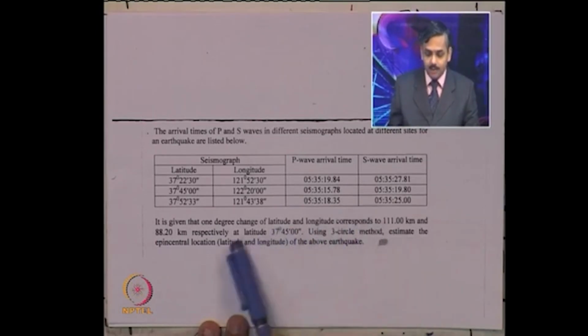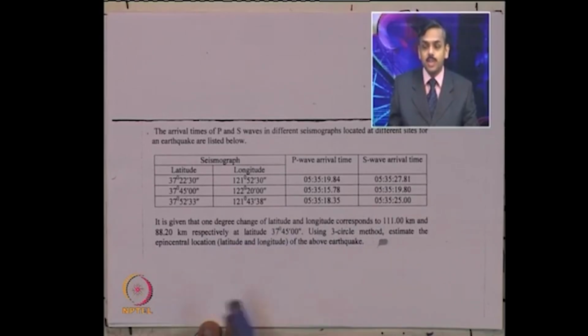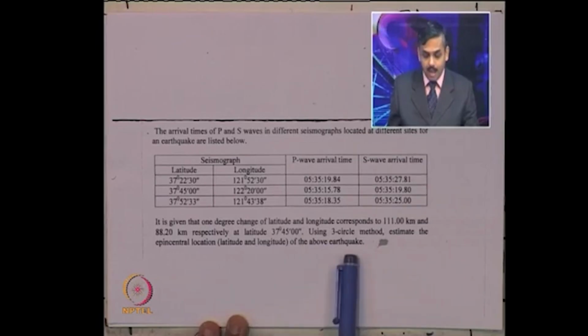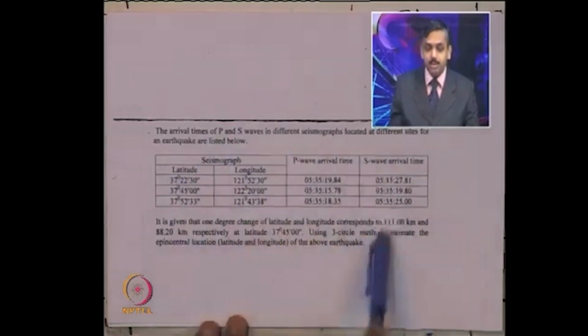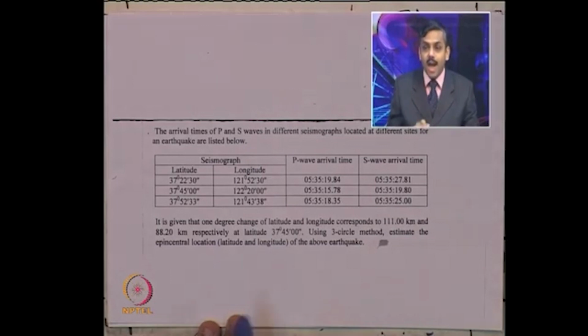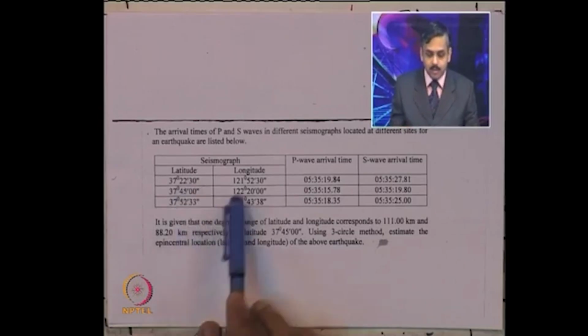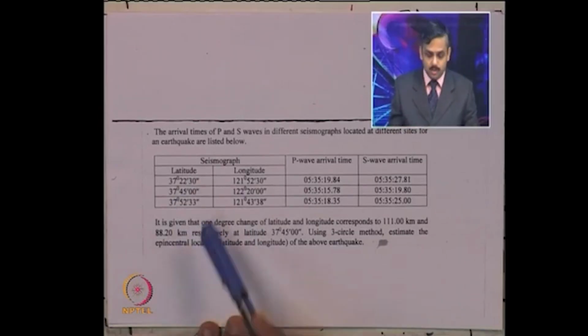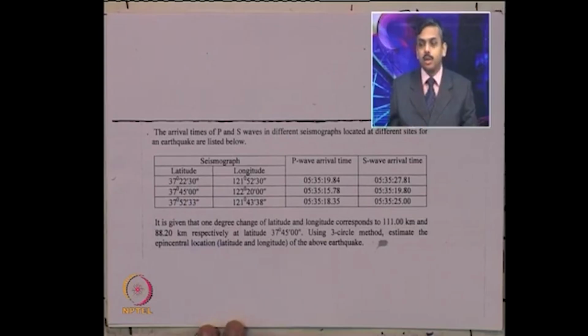So, this information we get about the epicentral latitude and longitude using this method. For the above earthquake, we have to find out using this information where that earthquake epicenter is located, which has been recorded by these 3 seismograph stations, station number 1, 2 and 3, from the given P wave and S wave arrival time.